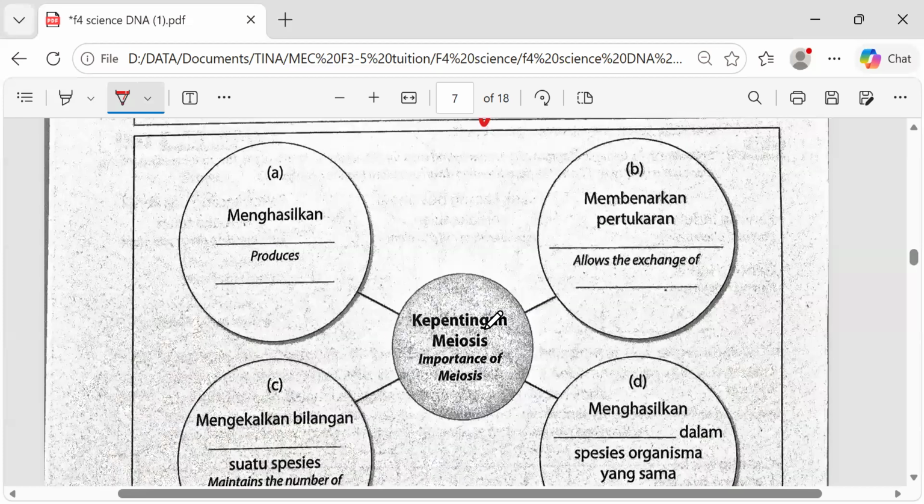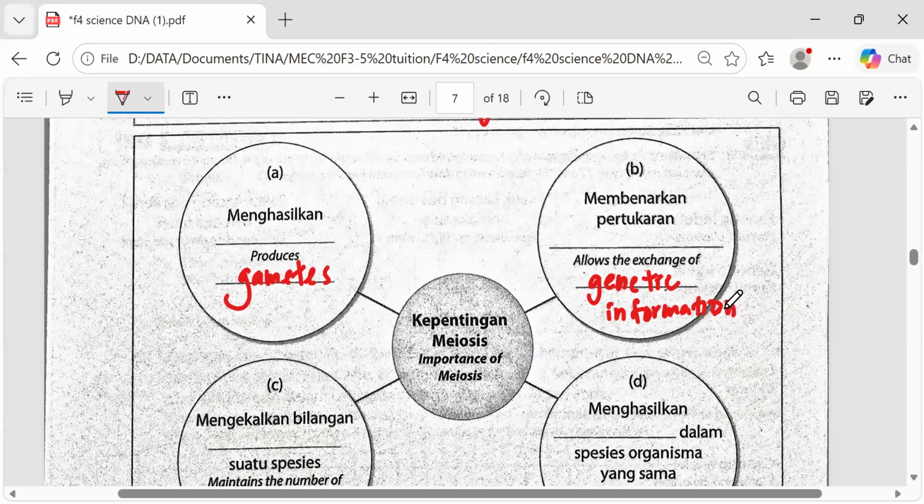All right? Okay. Meiosis produces gametes. It allows the exchange of genetic information, because of crossing over.